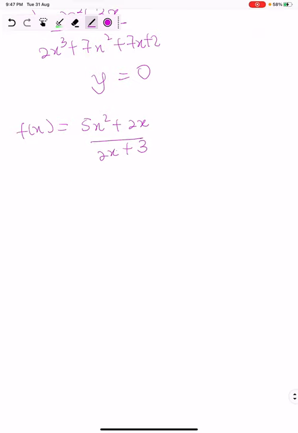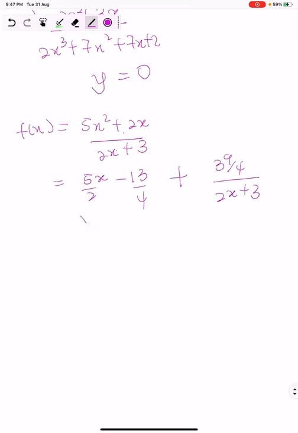All right, so we divide the numerator by the denominator, and that will give us 5x over 2 minus 13 over 4, remainder 39 over 4, all divided by the divisor, which is 2x plus 3. Please pause the video and then perform the long division.